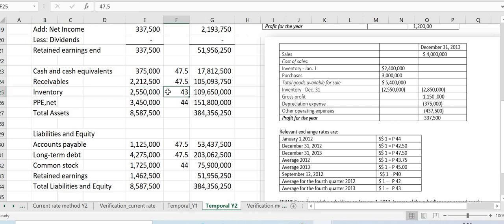So we'll use the December 31, 2013 exchange rate, because we're on 2013, our year 2, which is 47.5. Okay? So you have cash and cash equivalents of 17,812,500 and receivables of 105,093,750.